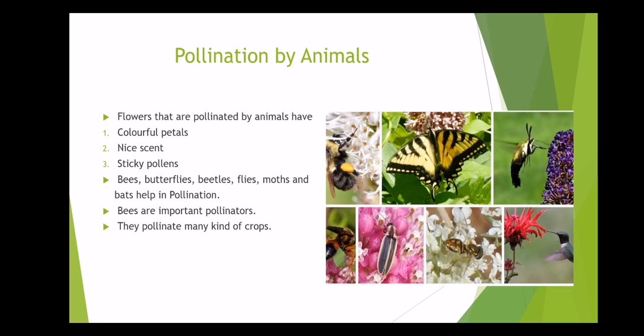In the category of animals, we have bees, butterflies, beetles, flies, moths, and bats. These are all the pollinators that help in pollination. Of all these pollinators, bees are the most important because they pollinate many kinds of crops.